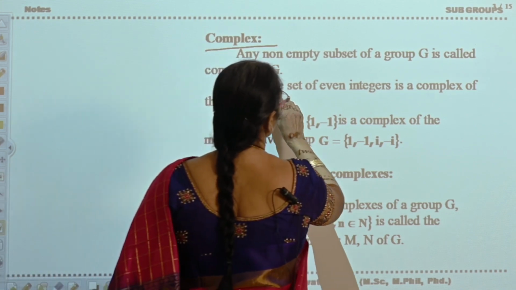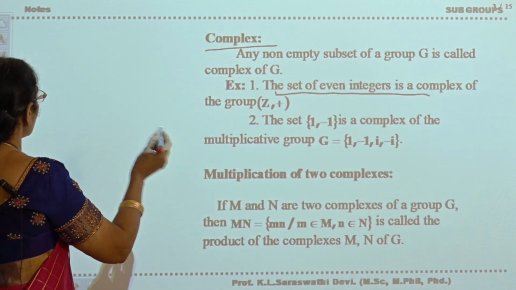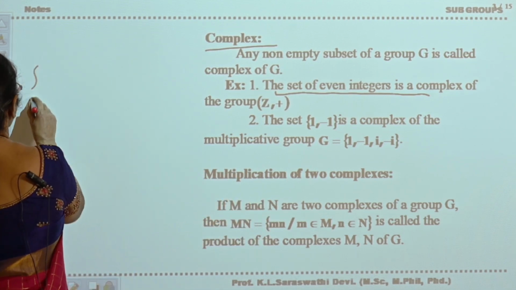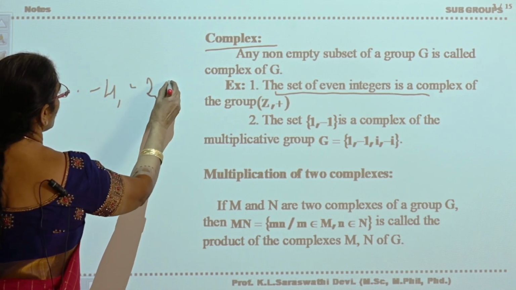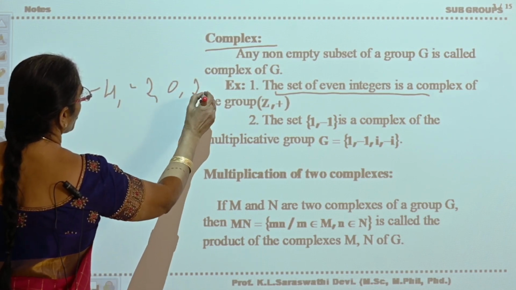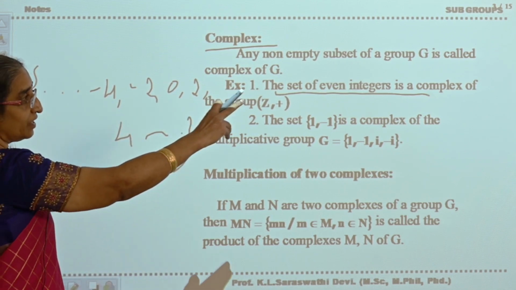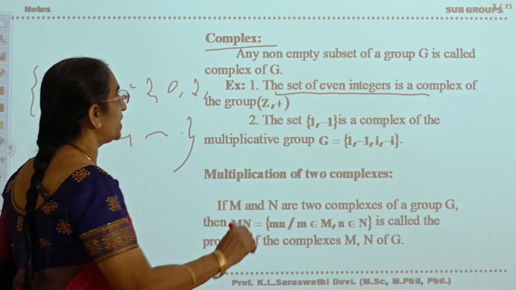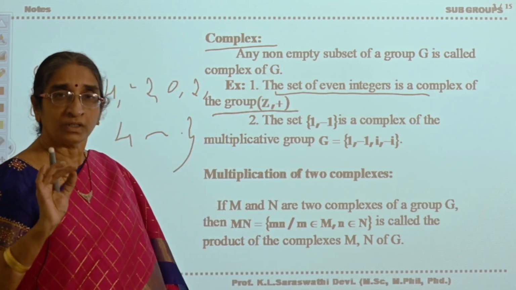Now if you take the set of even integers, what is the set of even integers? It is ..., -4, -2, 0, 2, 4, .... This will be the set of even integers. The set of even integers is a complex of the group Z plus. That means it is a subset of Z plus.